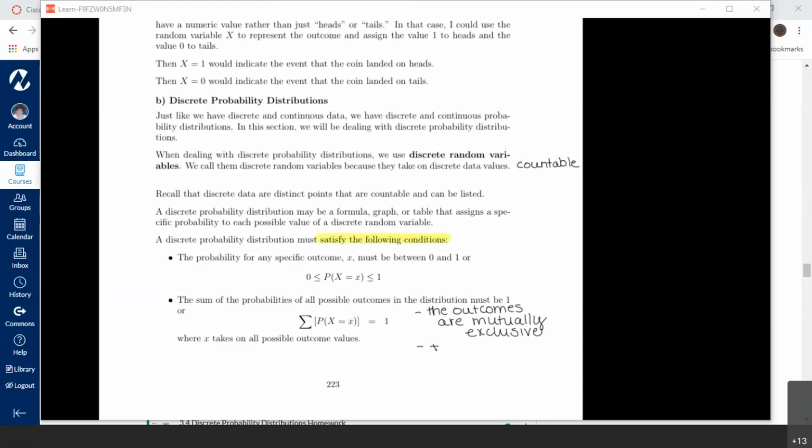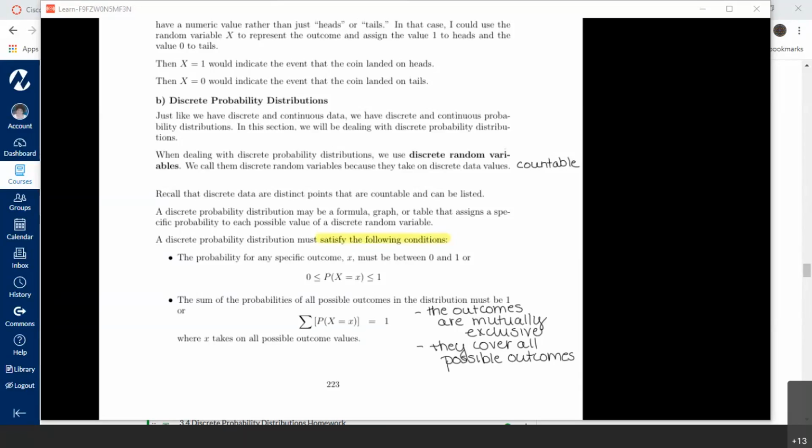And they cover all possible outcomes. All right, so the first condition means you're not counting anything more than once. They don't overlap. And the second condition means you didn't leave anything out, okay? You managed to get all of the possible outcomes that the event can have, okay? So that means all of your possible outcomes sum to 1, okay?